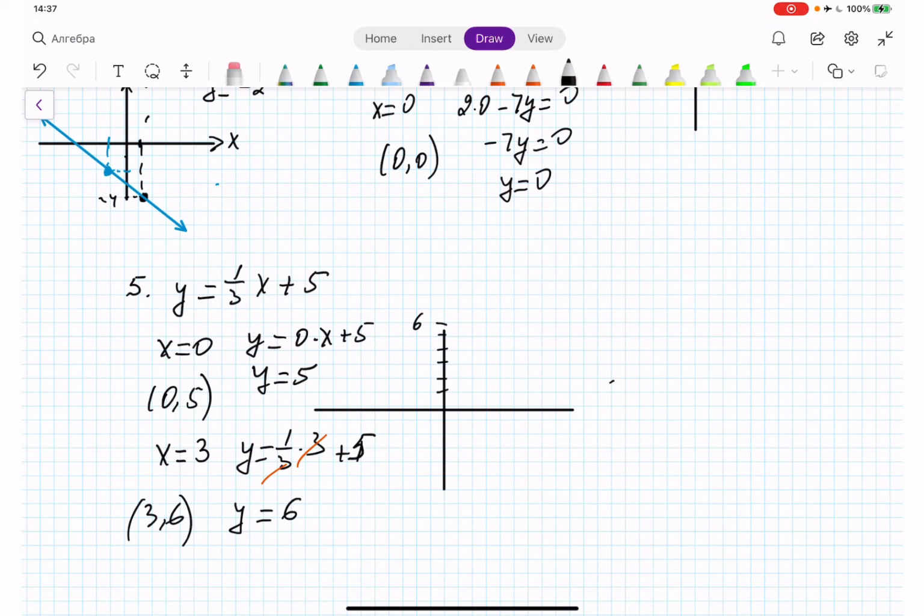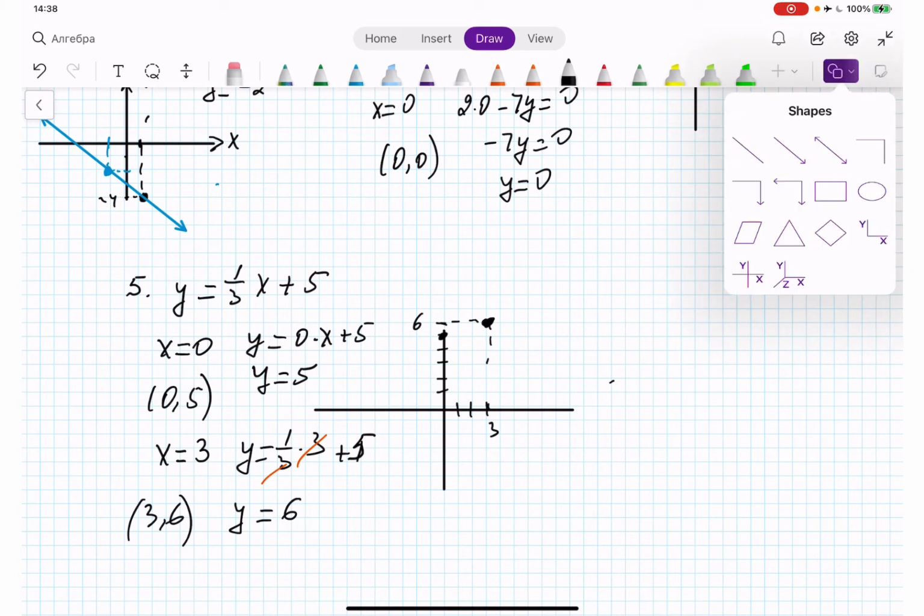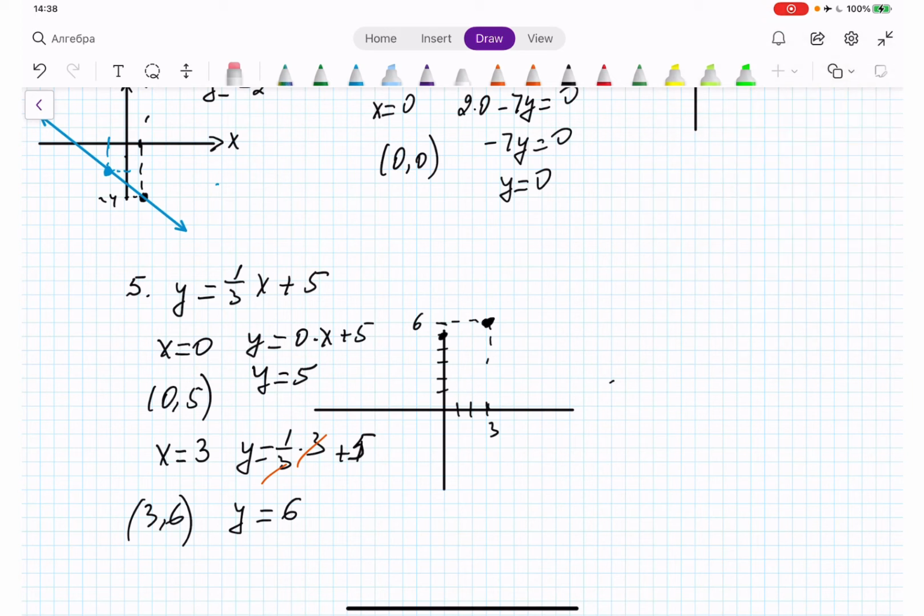Okay, we have it. 1, 2, 3. Okay, first coordinate, x is 0, y is 5. It's right here. Second coordinate, x is 3, y is 6. All right, so the graph is going to be like this. So these coordinates are 3 and 6, and this one is 0 and 5.